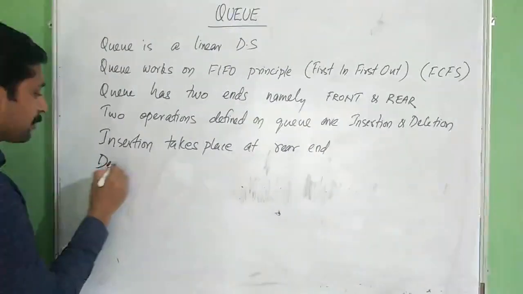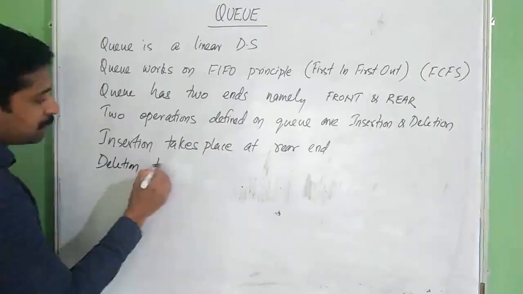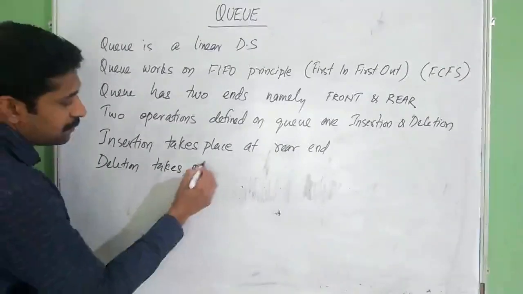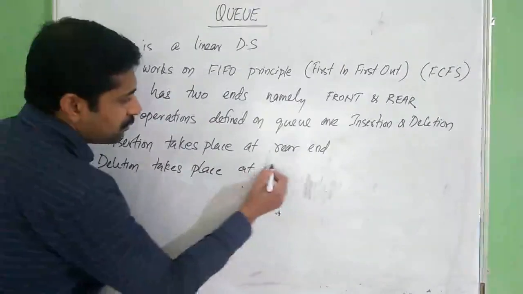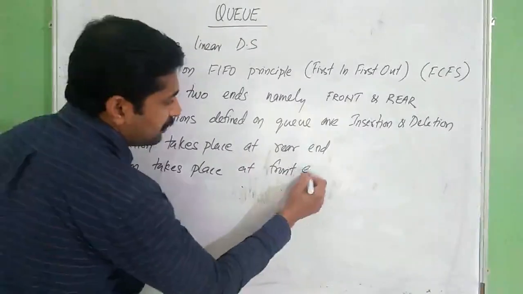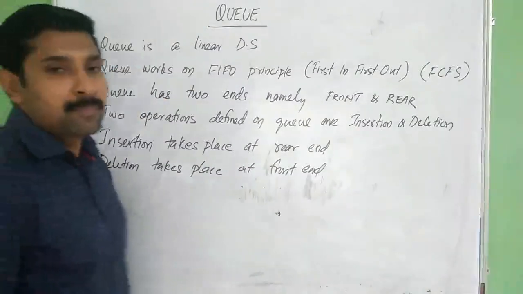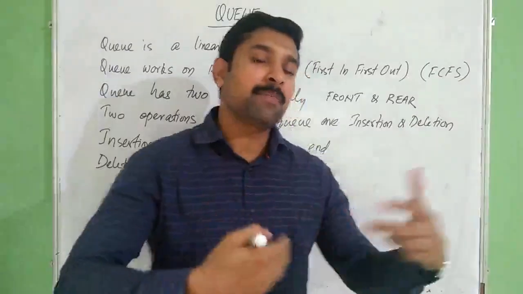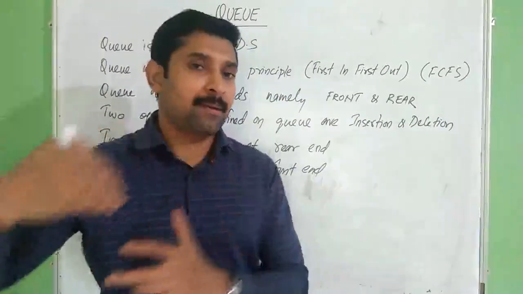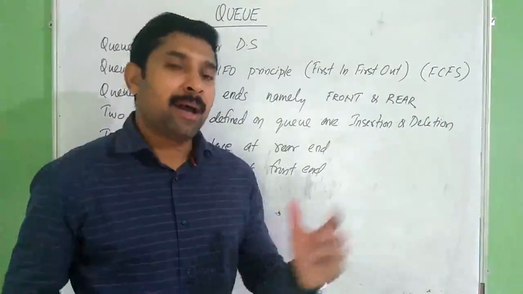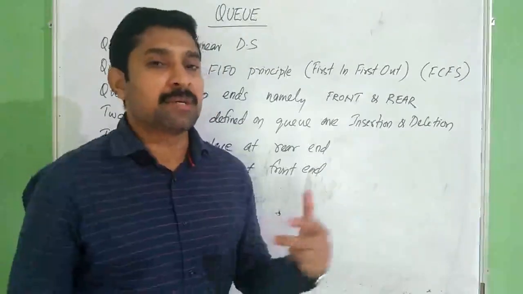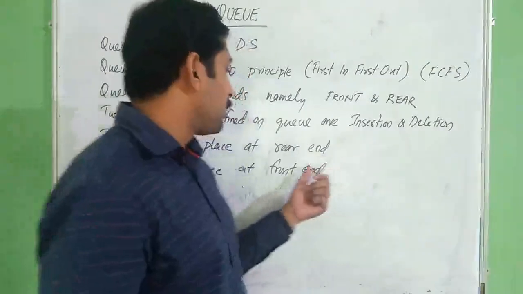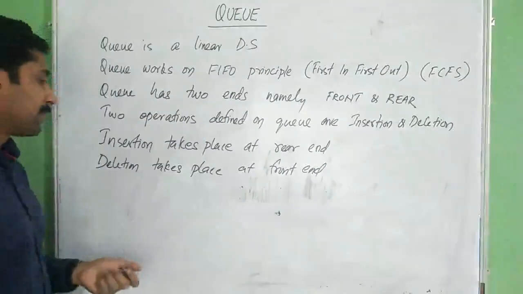And deletion takes place at the front end. A new item into the queue will be added at the rear end, and deletion will be performed from the front end.